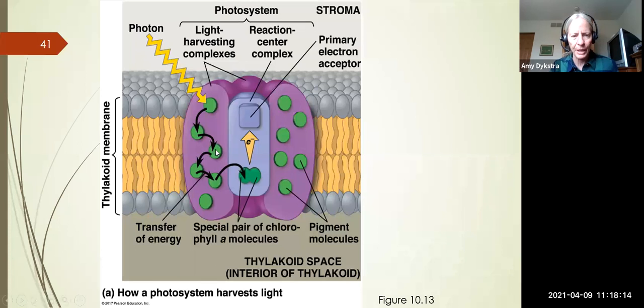And so photons keep getting passed from pigment to pigment until finally a photon with just the right amount of energy is released, and it is absorbed by these chlorophyll A molecules in the reaction center of the photosystem. And an electron is not only excited, but it is released from these chlorophyll A molecules and captured by the primary electron acceptor. And so this is really the first step in electron transport.